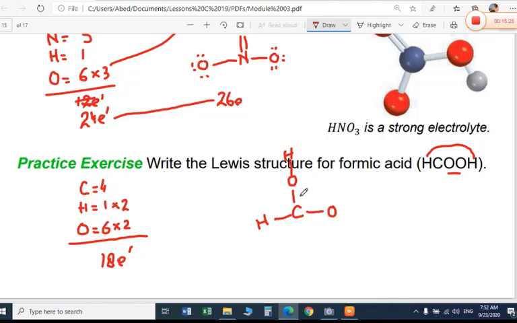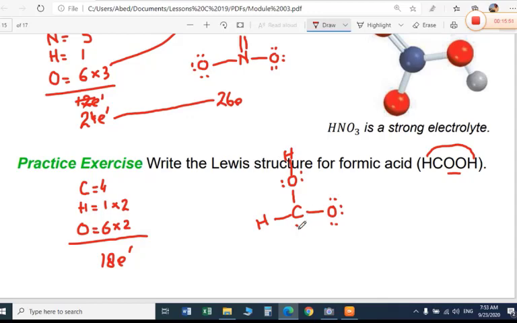Okay, and then we give the octet, and 2 electrons here because 6 are inside, and these 2 electrons outside and 2 electrons outside this side, and 4 electrons are on the bond, so total 8. This is also surrounded by 8, this also by 8, but hydrogen we do not give the octet.